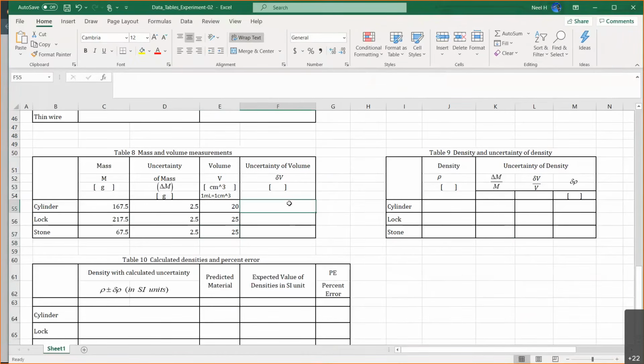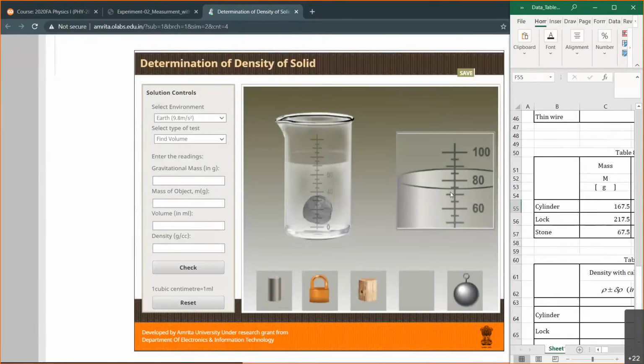Now the uncertainty of the volume. Let's take a look. What is the uncertainty of the volume? What's the smallest number you can measure on this scale? The smallest is this small line, right? Each small line is about 5 milliliters: 60, 65, 70, 75, 80. So each line is 5 milliliters.